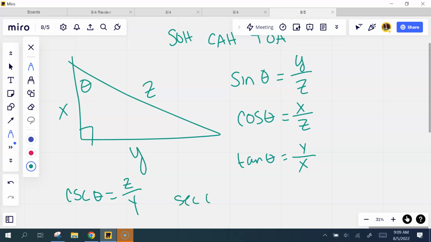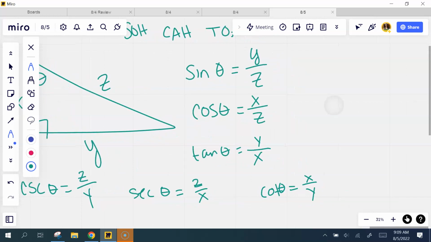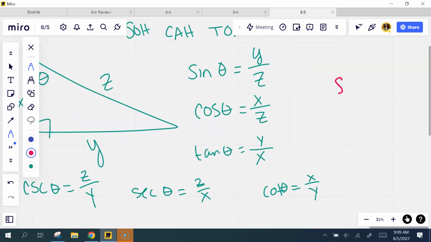Secant and cotangent's easy. What if I needed to know, what if I knew that the sine of theta is 1/5? How could I find theta?